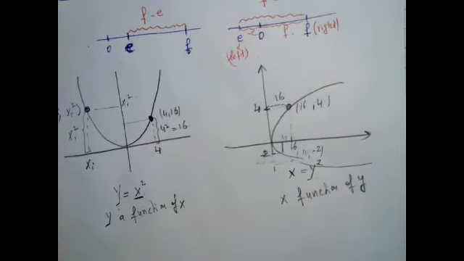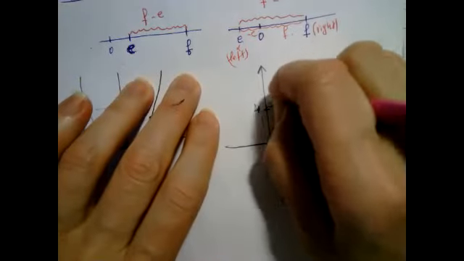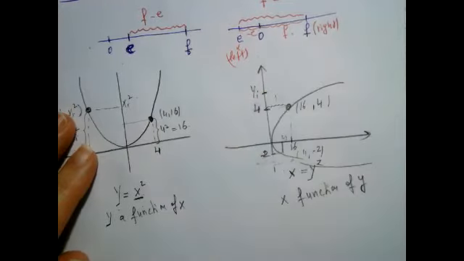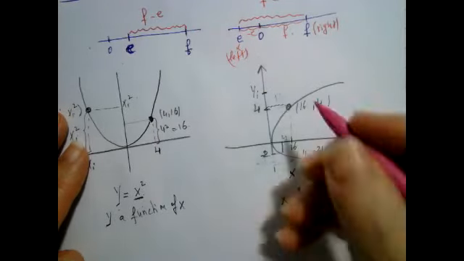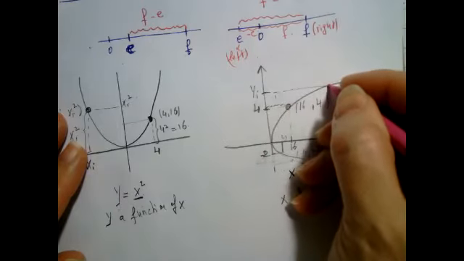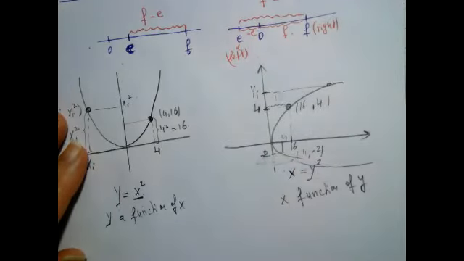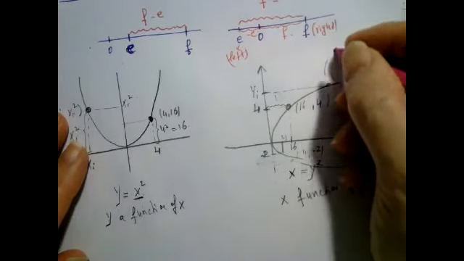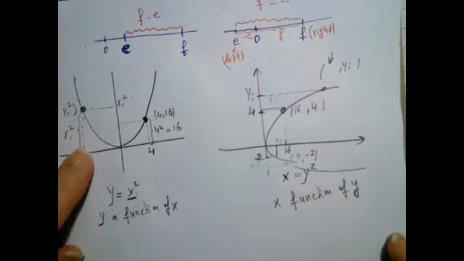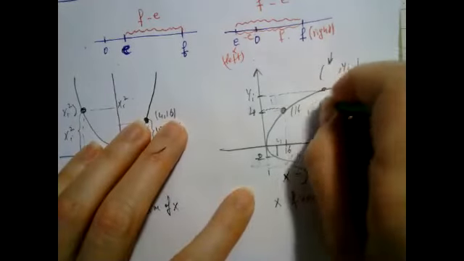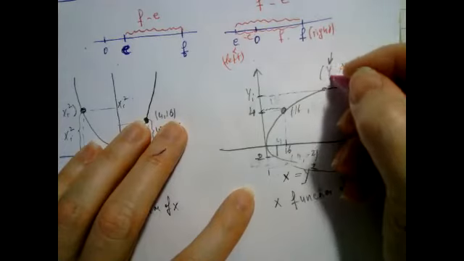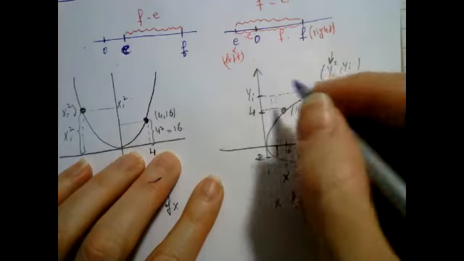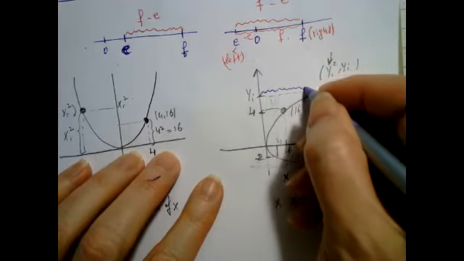Okay, so now let me generalize in a way. If this is, I call this yi, and I go all the way till I hit the curve. So this is yi. What's this coordinate here in terms of yi? yi squared. The yi squared is this horizontal distance, because that's the x coordinate.